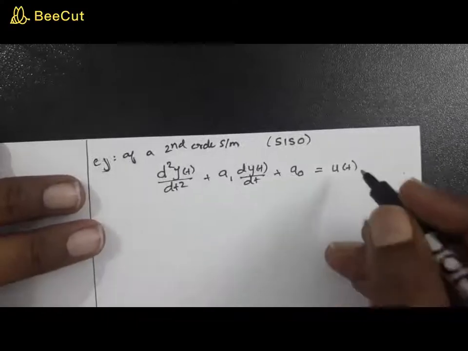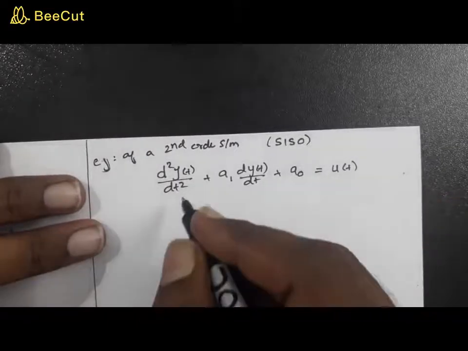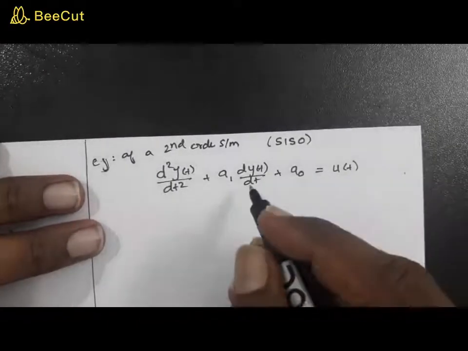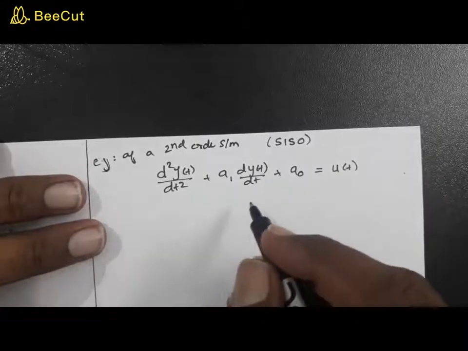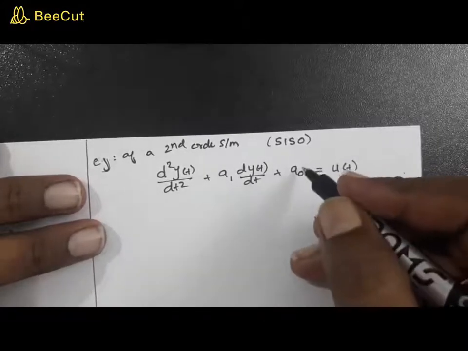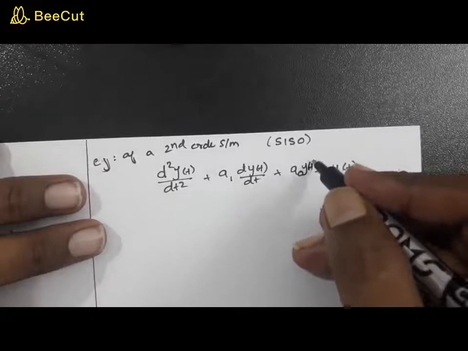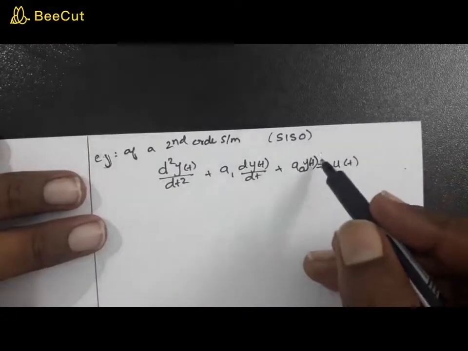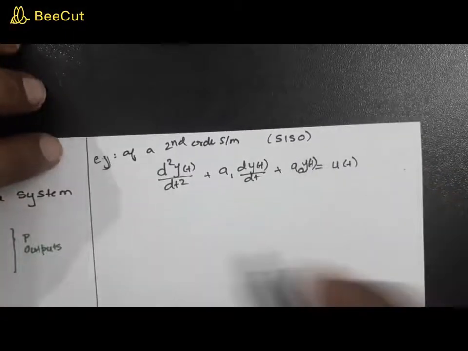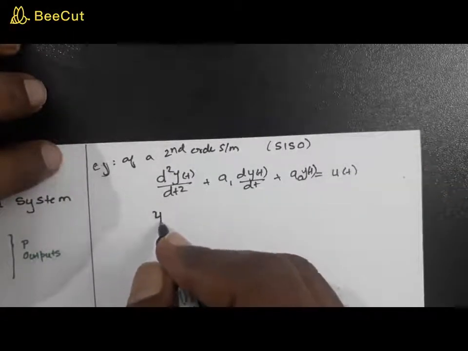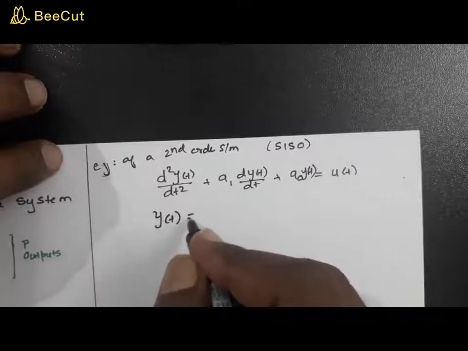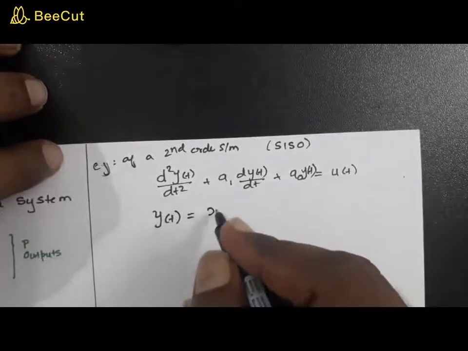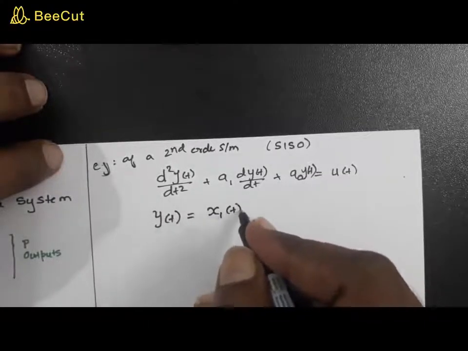Now we are going to see how you can decompose this into first order differential equations. In this, y of t is the single output. I can assign that y of t to be one of the state variables, so I am calling that state variable x1 of t.